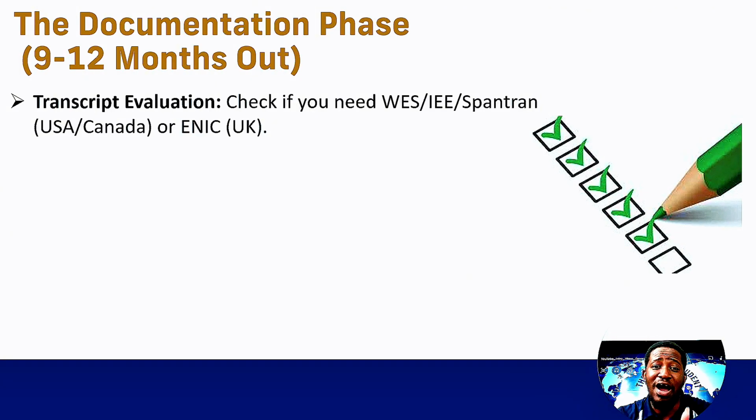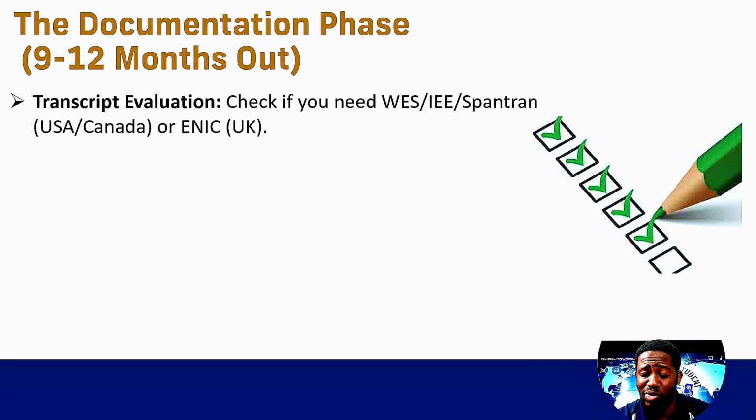If you are from Africa, if you are from Ghana, there are agencies available that are able to evaluate all records, your academic records or your professional records, so that they bring it into the Chinese system, the UK system, the Canadian system, or the US system for it to make sense. So it's very, very important. Some agencies are WES, which work for the US.